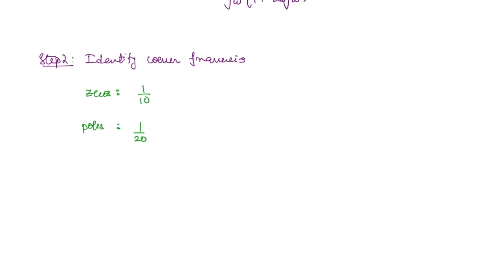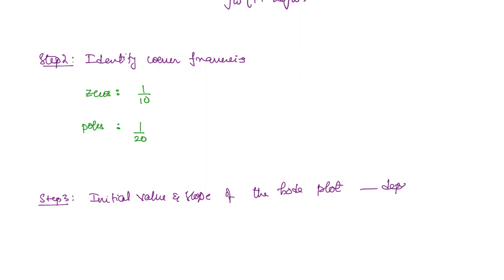Next, step 3 is finding out the initial value and the slope of the Bode plot. So this will depend on the poles or zeros at origin.